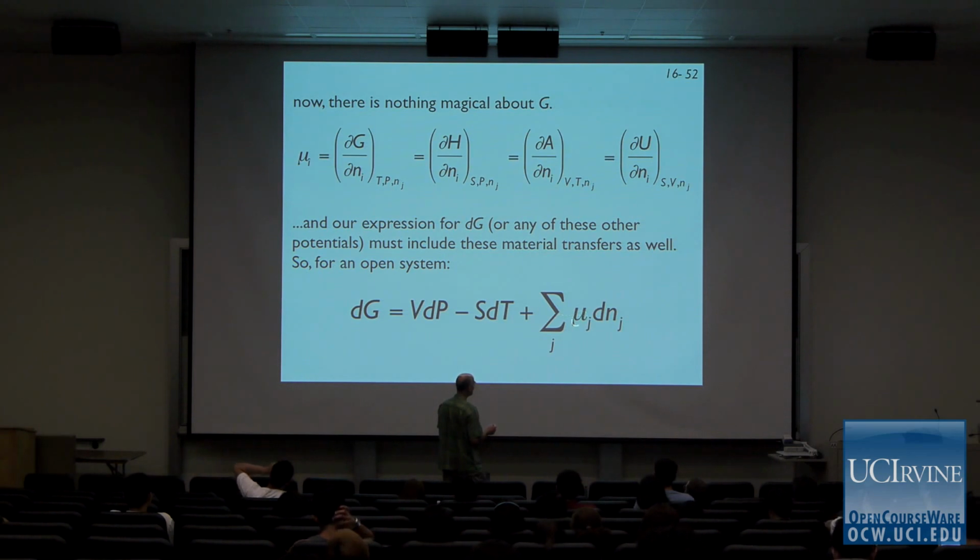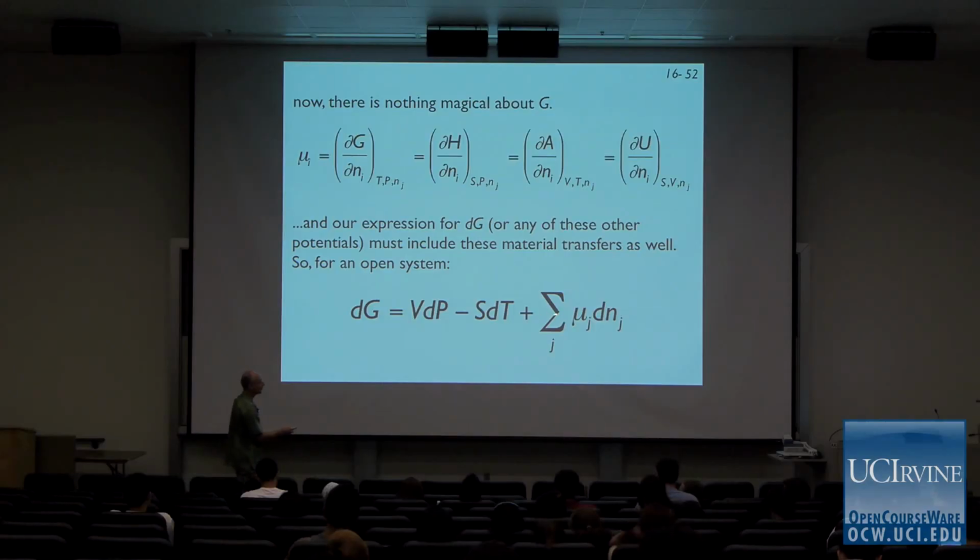This is the sum of the chemical potential times the change in the number of moles of whatever component it is that's leaving or being added to the system. If it's added, that's a summation. If it's subtracted, it's a subtraction. We add the chemical potential times the number of moles for each species that's being added or subtracted from the system.